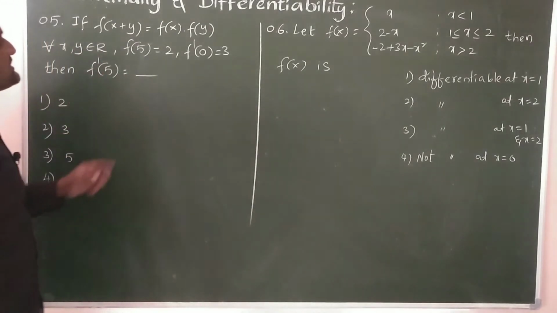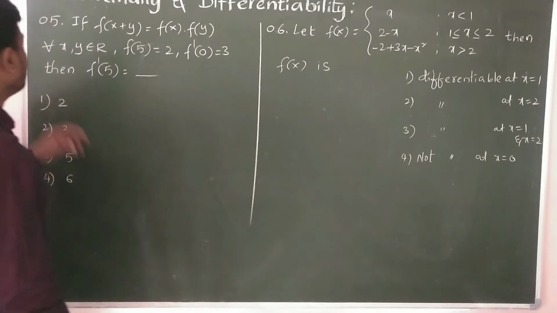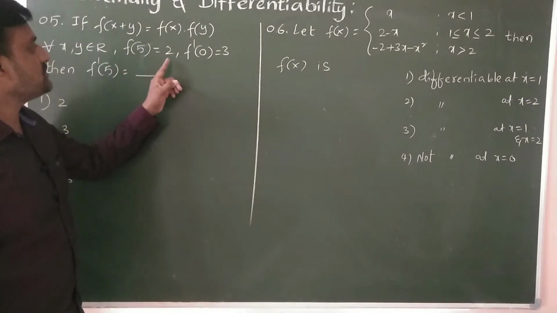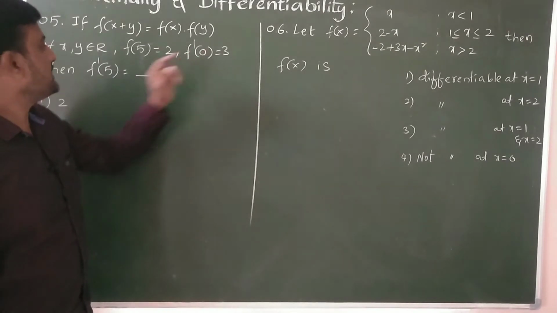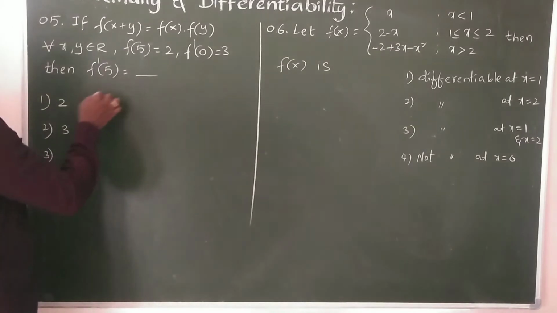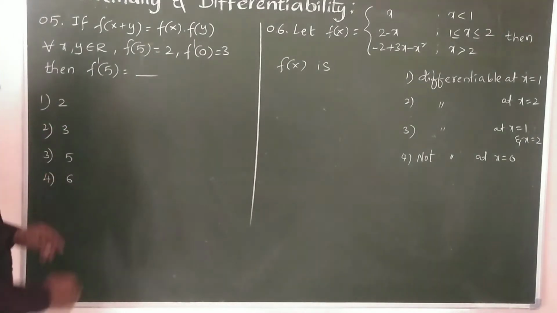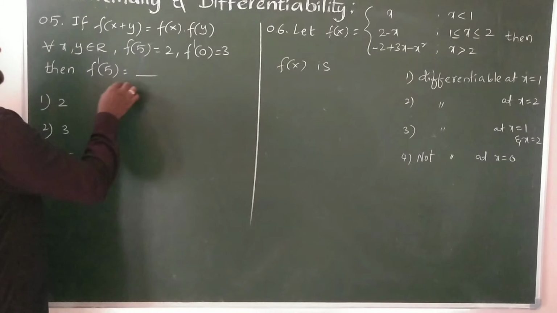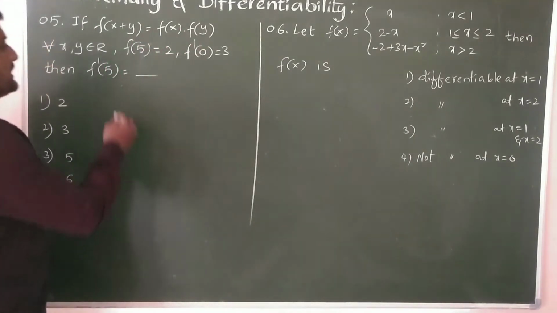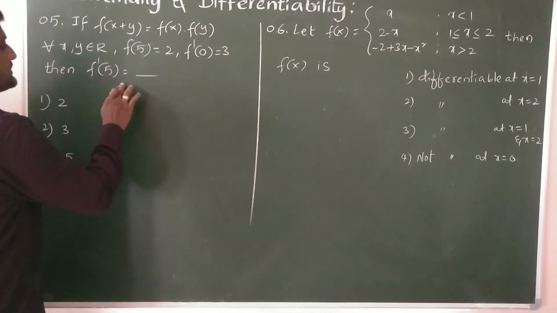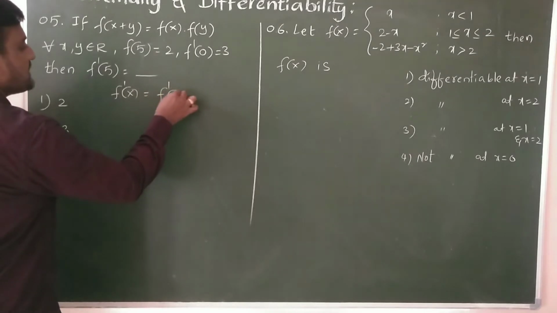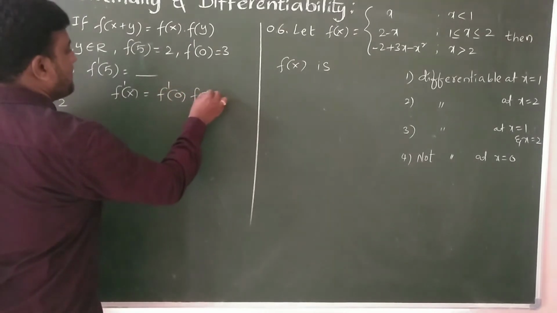If f of x plus y equals f of x times f of y, for all x comma y belonging to R, f of 1 equals 2, f dash of 0 equals 3, then f dash of 1 equals what? By the formula, the options are 2, 3, 5, 6. By the formula, when f of x plus y equals f of x times f of y, then we should write f dash of x equals f dash of 0 times f of x.